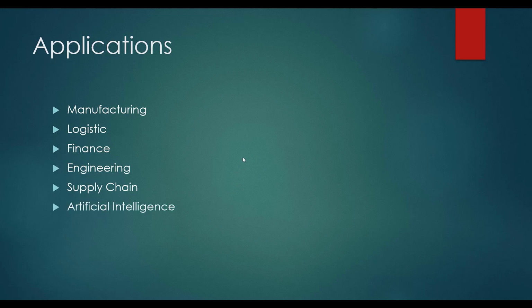We also implement optimization in artificial intelligence, and in sciences such as physics and chemistry. So this approach and terminology can be applied in all disciplines, and we have many different applications for optimization problems.